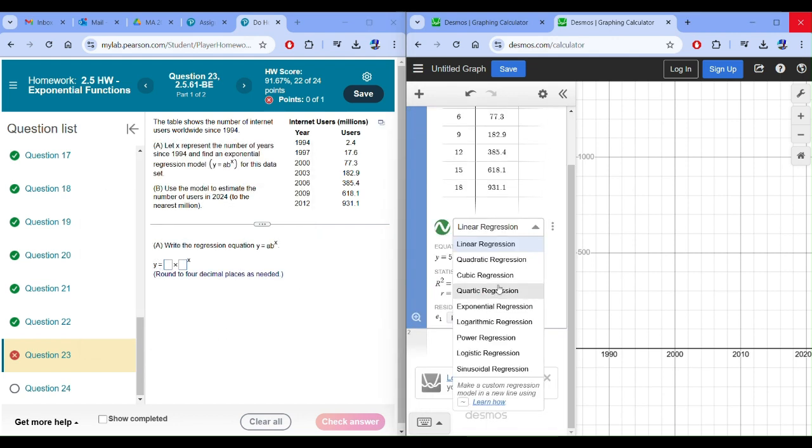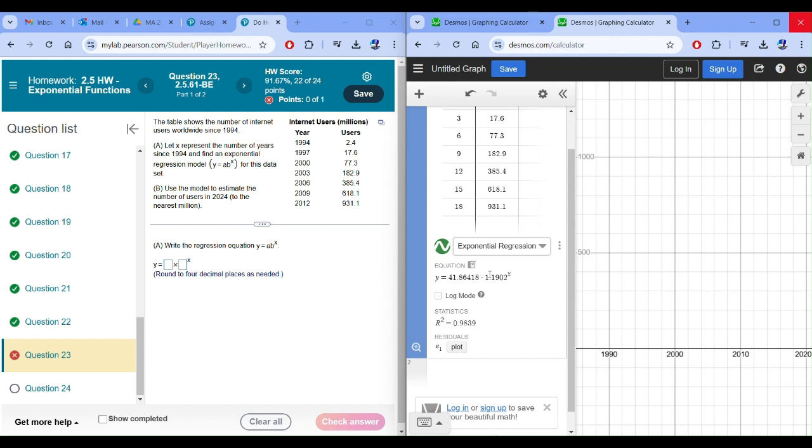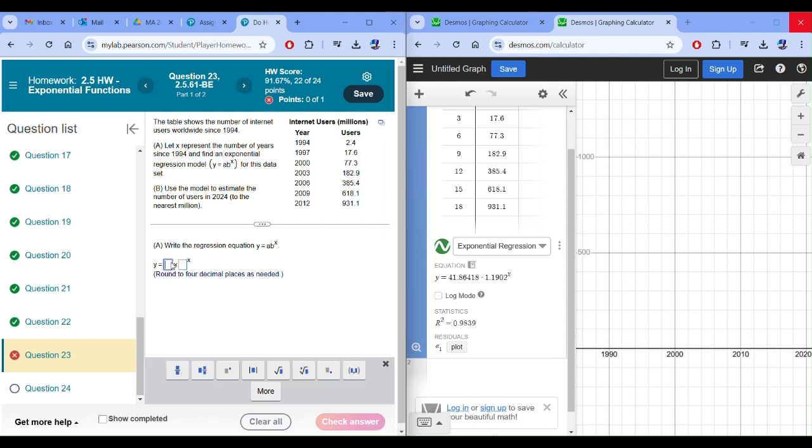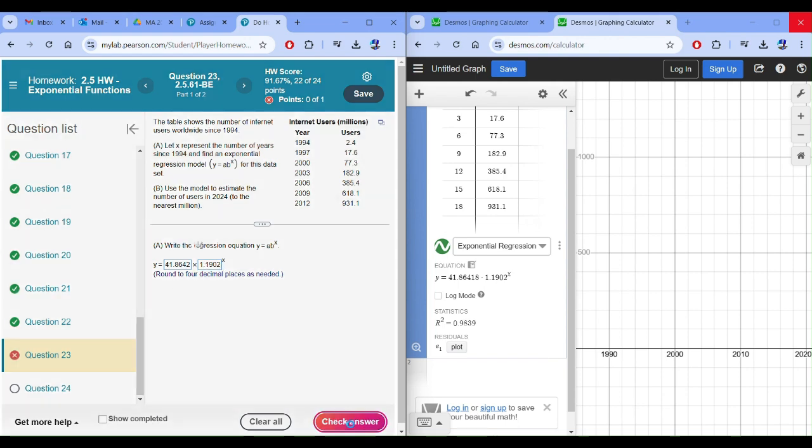Here, linear, exponential, 41.8642 and 1.1902. I got it wrong on the first attempt.